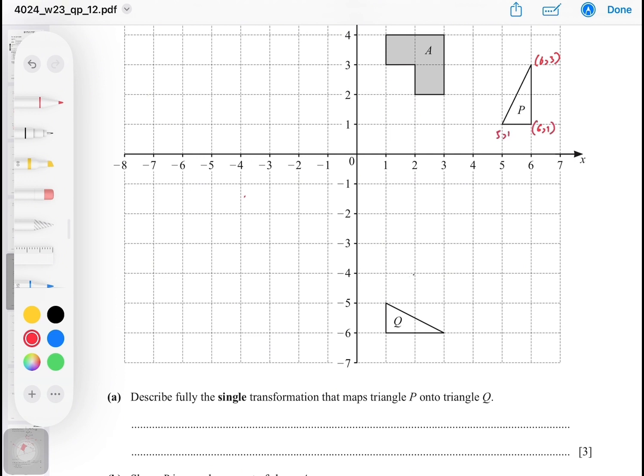So if we write the coordinates of shape Q, that is 1 minus 5, 1 minus 6, and 3 minus 6.